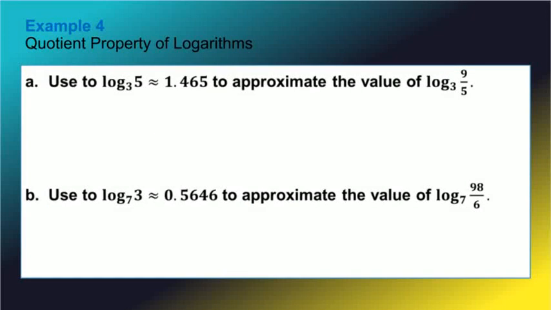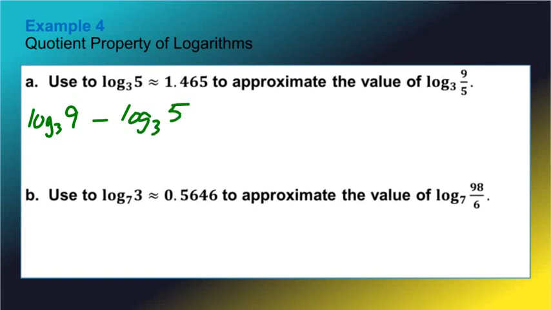Next, use log base 3 of 5 equaling 1.465 to approximate the value of log base 3 of 9/5. Now for this one, if I separate this as a division problem, or as a subtraction problem, I would have log base 3 of 9 minus log base 3 of 5.